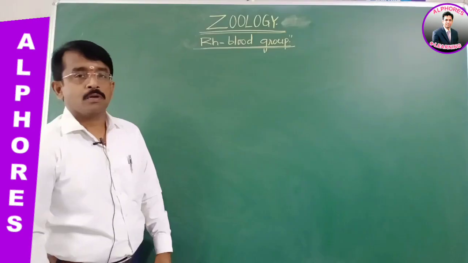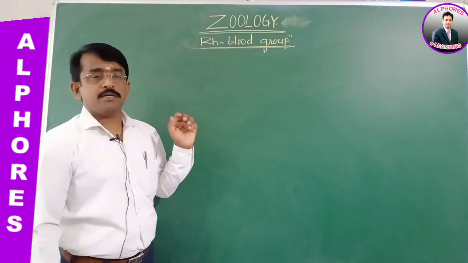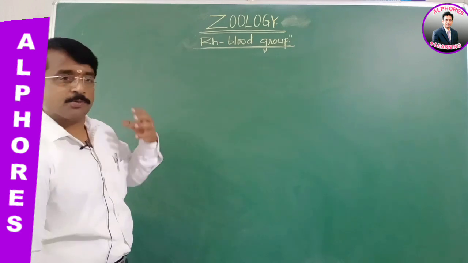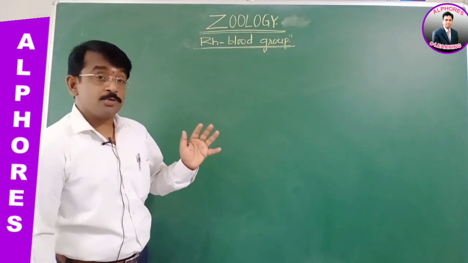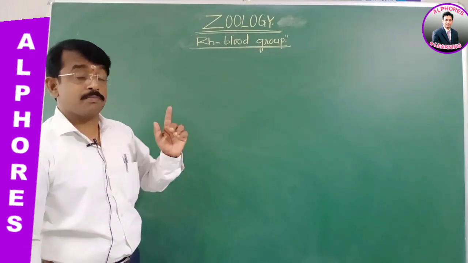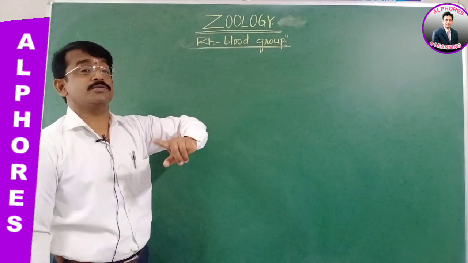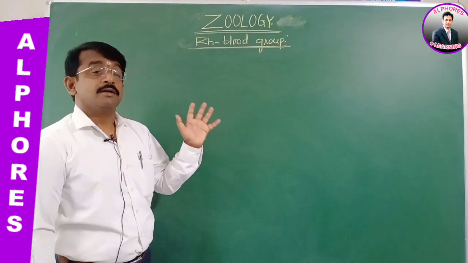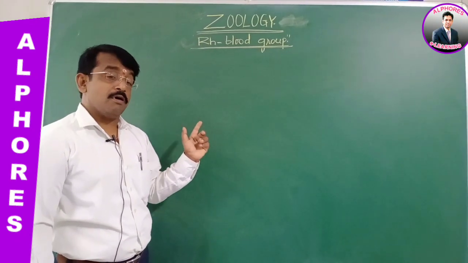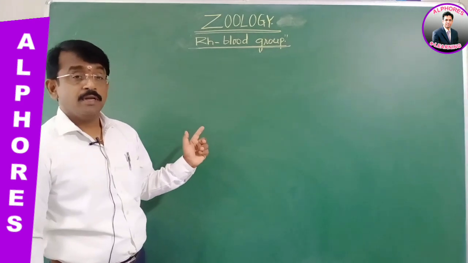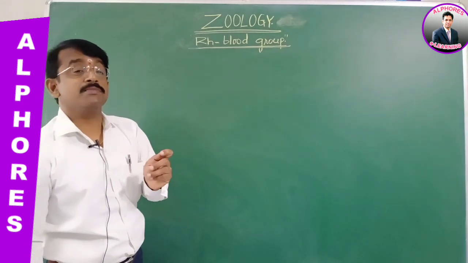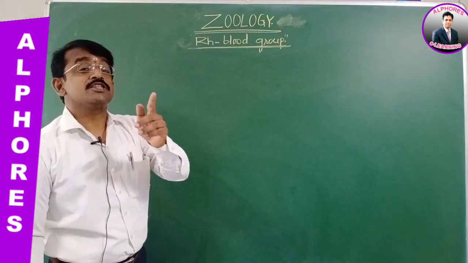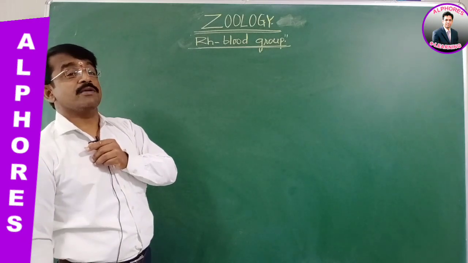Now, so Rh antigens are naturally existing. The majority of the populations are with Rh antigens, so they are Rh positive. Naturally, Rh antibodies do not exist. They are produced when Rh positive blood is transfused into Rh negative individuals, or else when there is a marriage between an Rh positive husband and an Rh negative wife, the first baby is going to be Rh positive, and this antigen is going to stimulate the mother's immune system and Rh antibodies are produced.